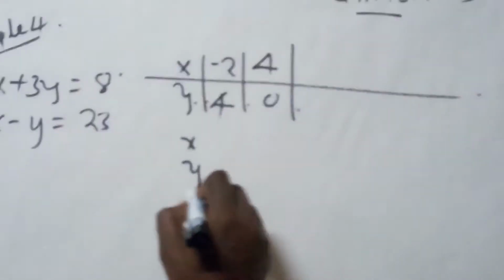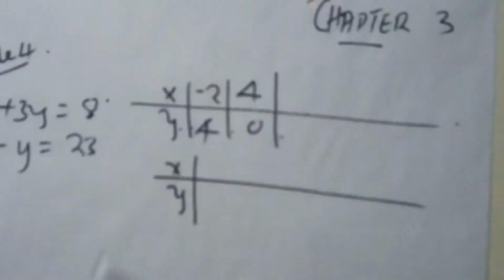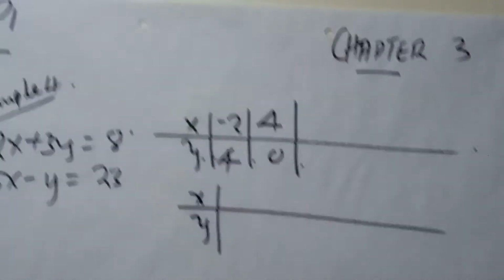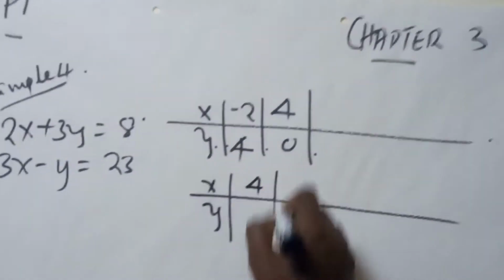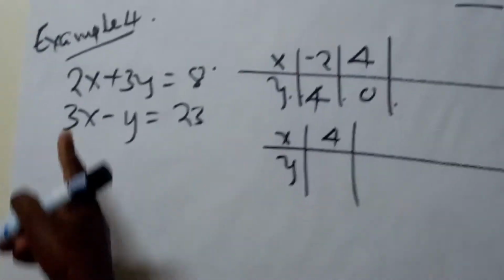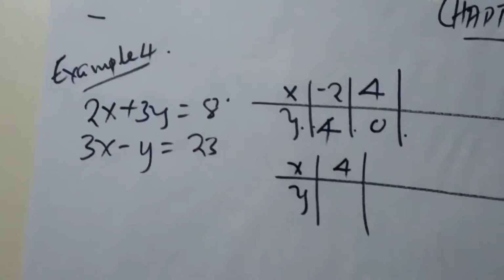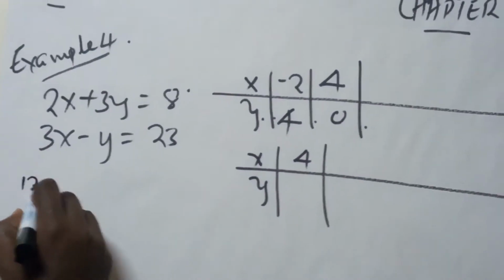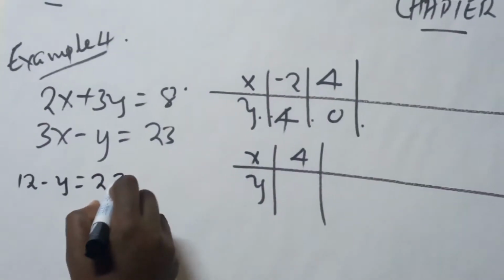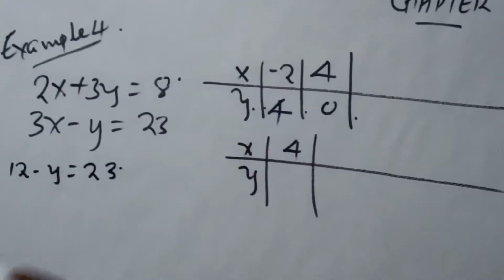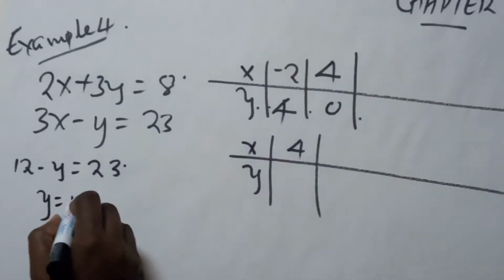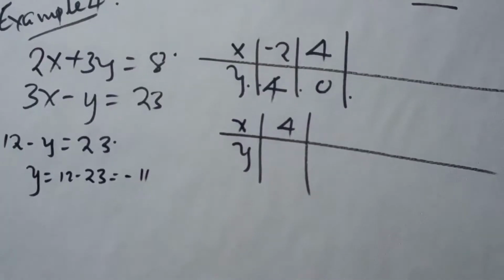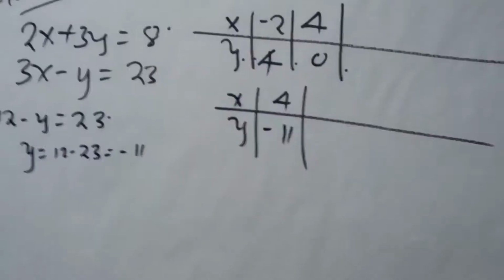What about line 2? We have x and y. Let's talk about x being equal to 4. 4 times 3 is 12, and 12 minus y is 23. You realize that y is 12 minus 23, which is negative 11.